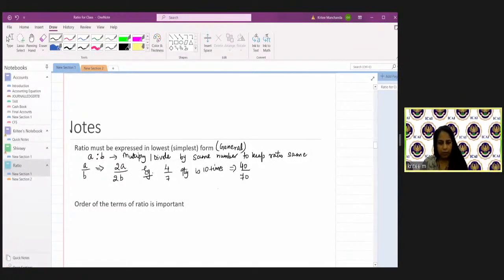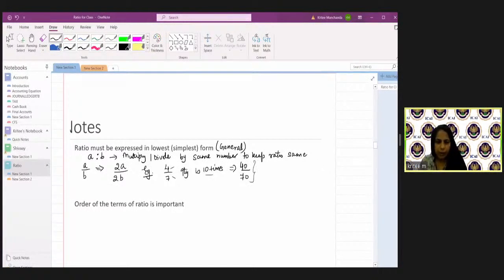So every quantity will be changed equally. Even if you have to increase by multiplying the quantity, multiply the antecedent and the consequent by the same number so that your ratio remains intact.